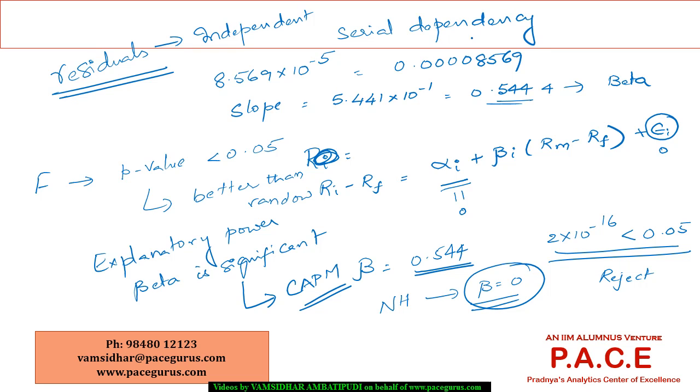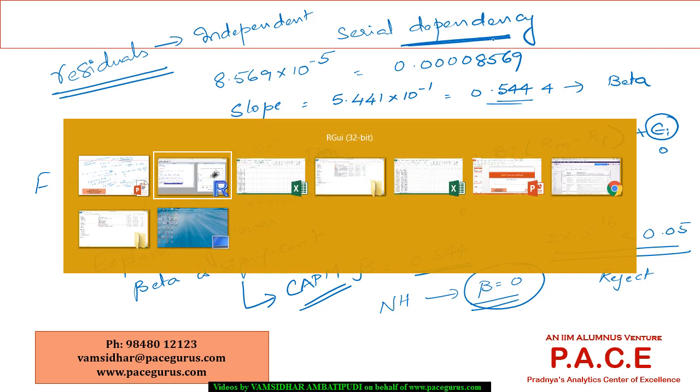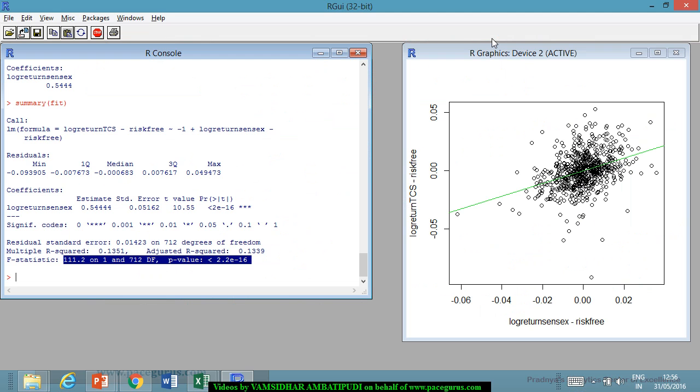That's a different thing that we have to look at, which would be handled through the time series mechanism. If there is some kind of dependency among the residuals, then use an ARIMA model and so on and so forth.